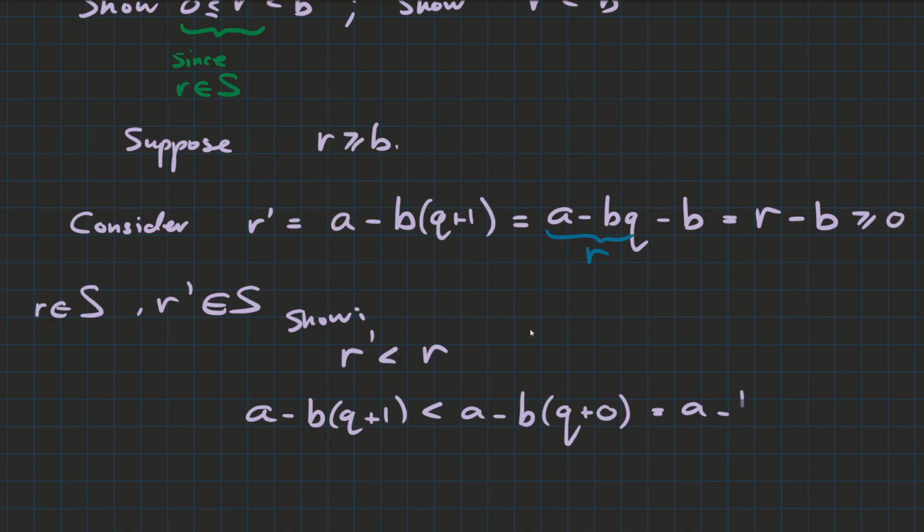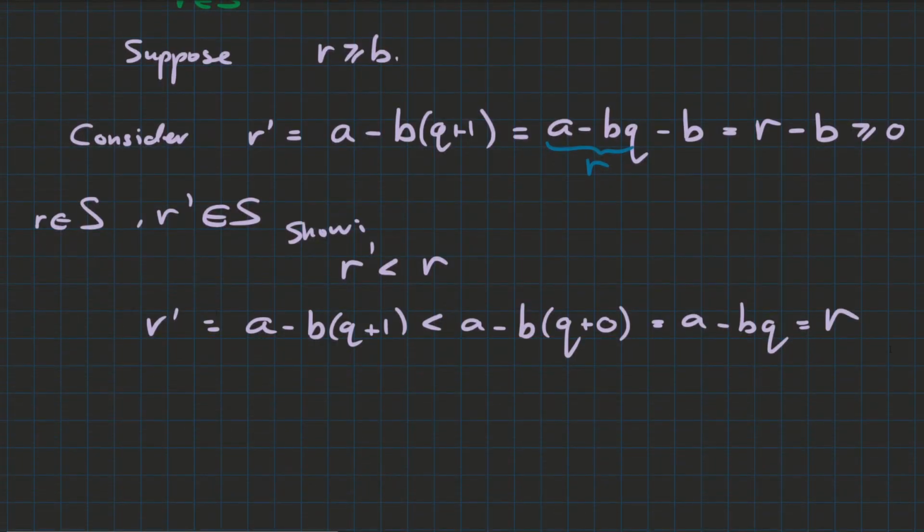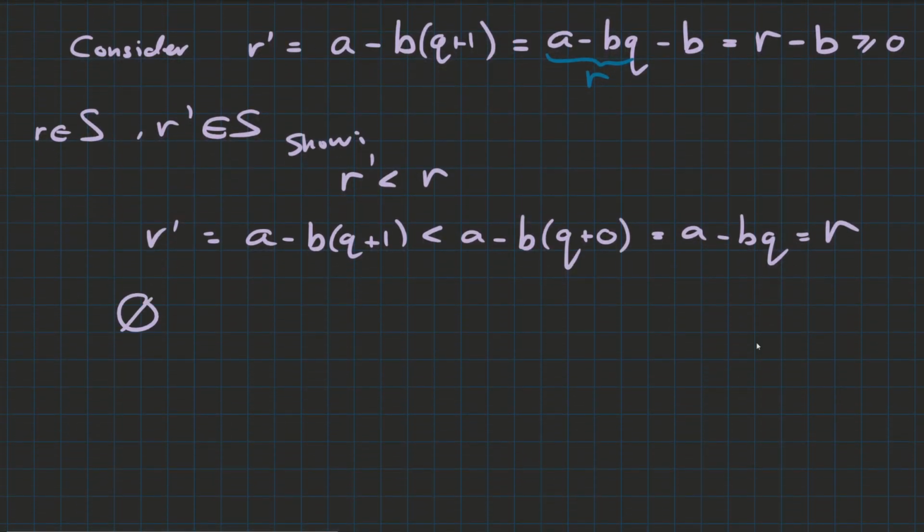And that is just A minus BQ, which is R. So R prime is less than R. And this is a contradiction, since R was least.